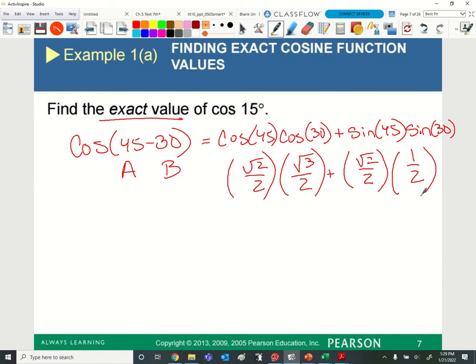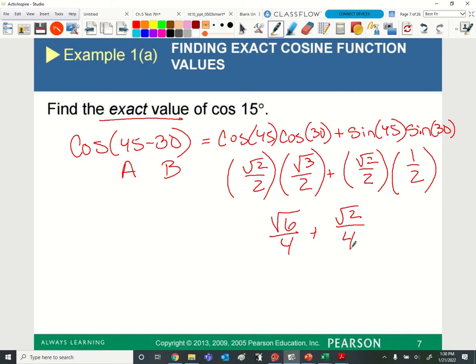Now, we're going to multiply these together. When I multiply fractions, I multiply top times top, bottom times bottom. And when I'm multiplying radicals, I can multiply what's inside together. So this is going to be rad 2 times rad 3, which is rad 6 over 2 times 2, plus rad 2 times 1 over, now, do they have common denominators?